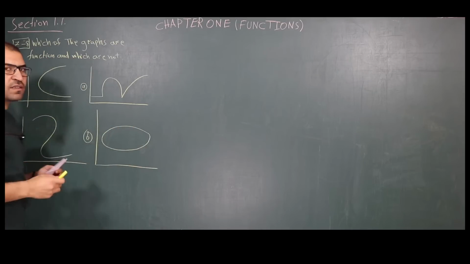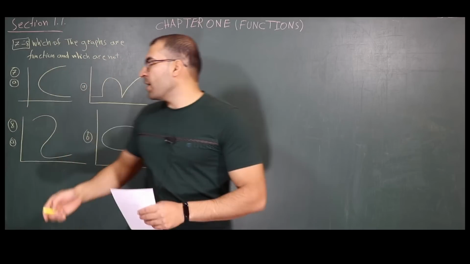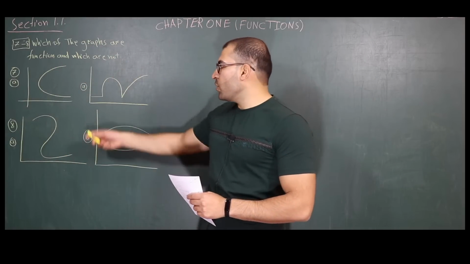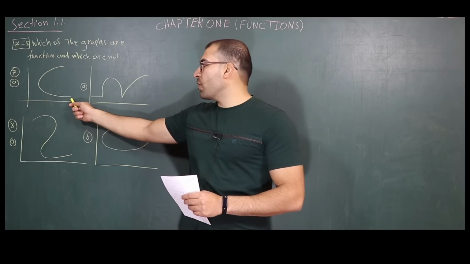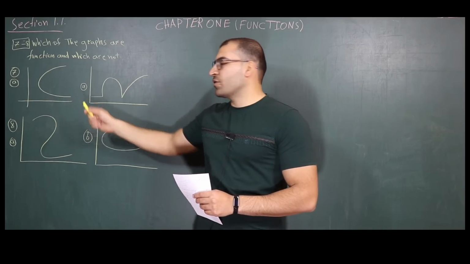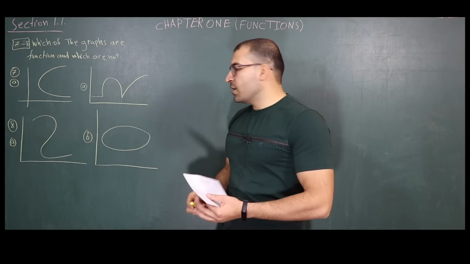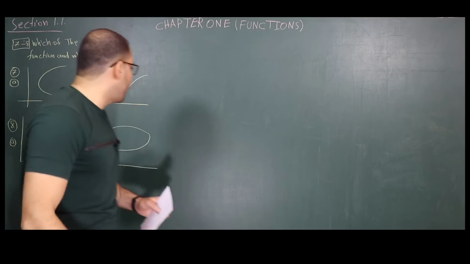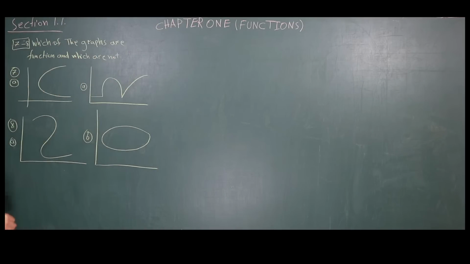It's a very easy exercise, and he wants us to indicate which of these graphs represent a function and which do not. So what we're going to do is perform the vertical line test.